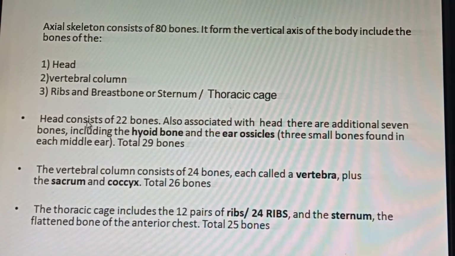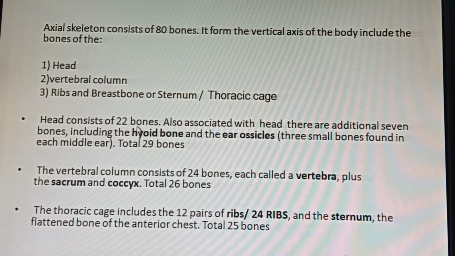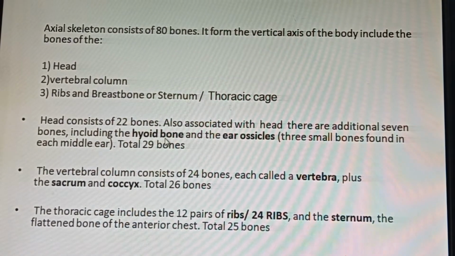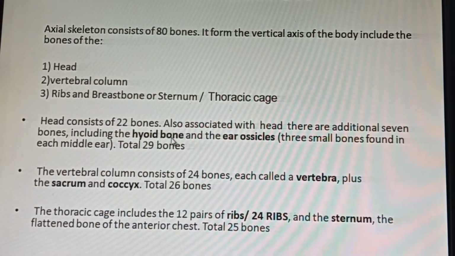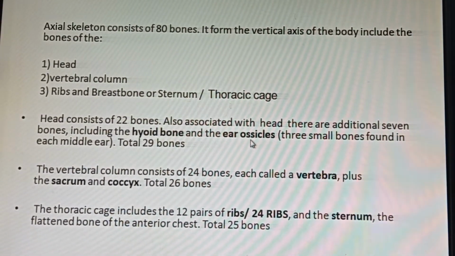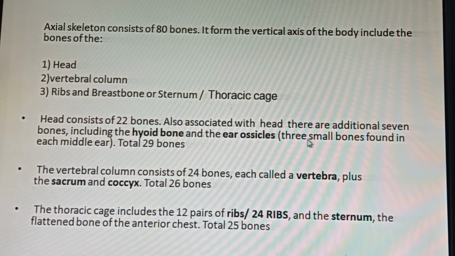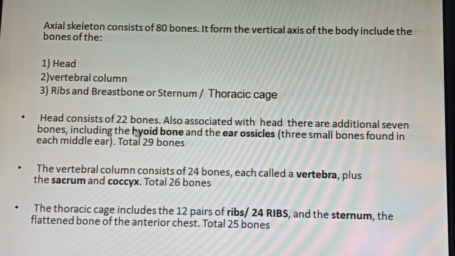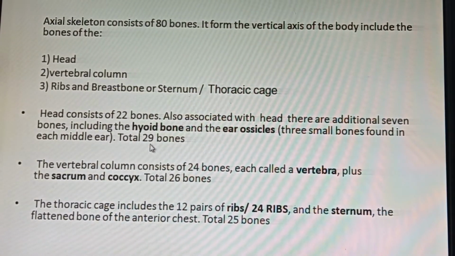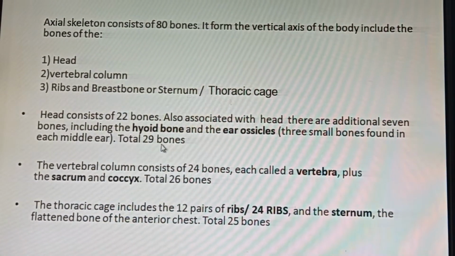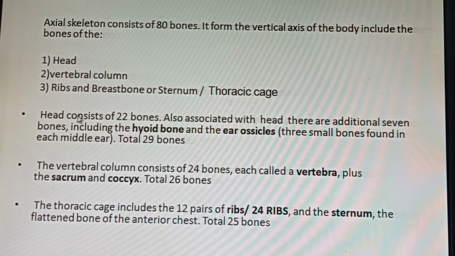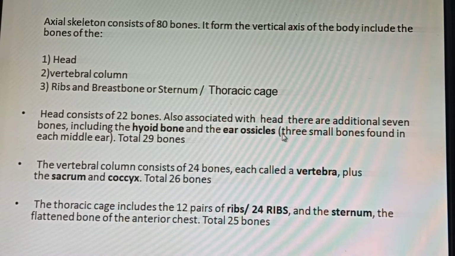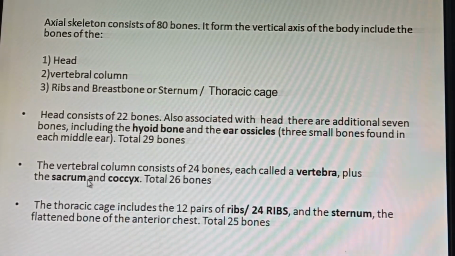Head consists of 22 bones. Plus 1 hyoid bone and 6 ossicles, so 22 plus 7, total 29 bones.